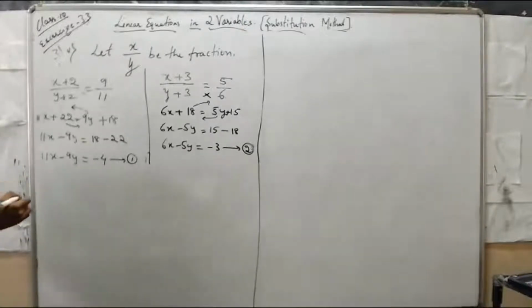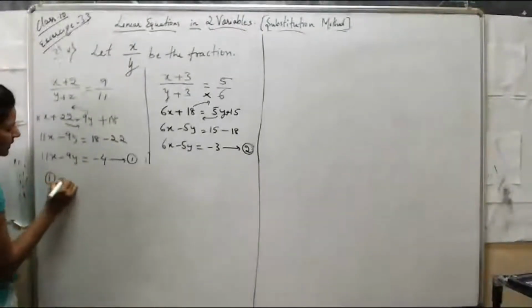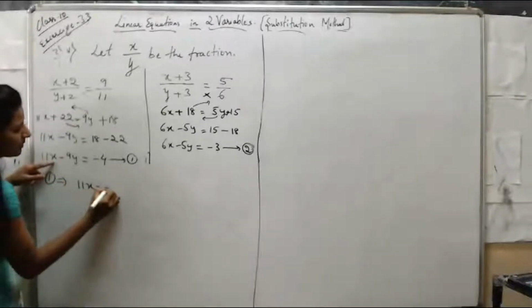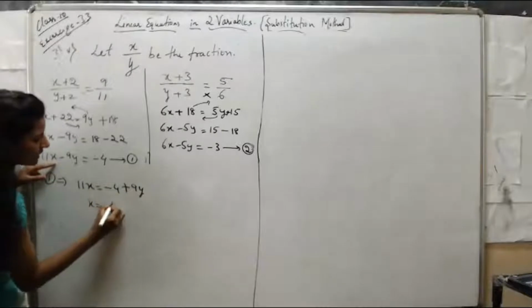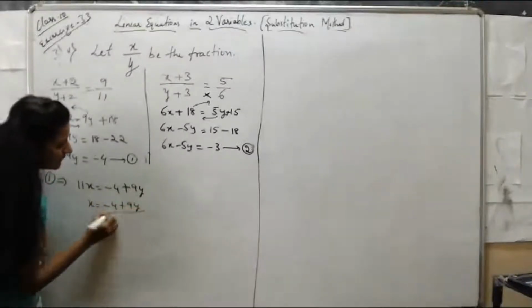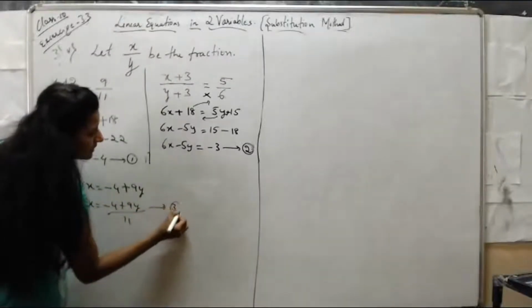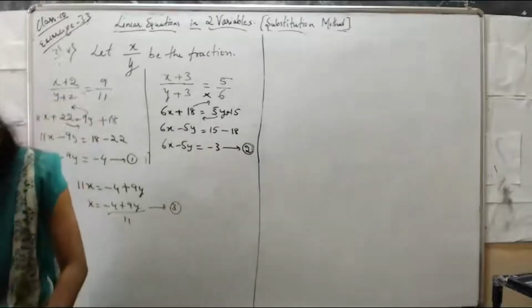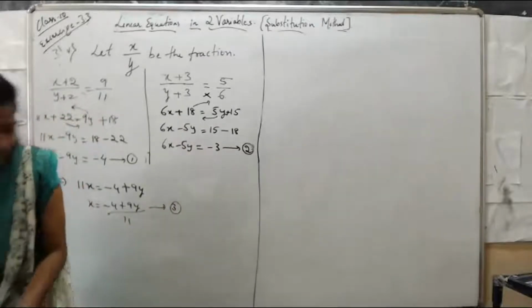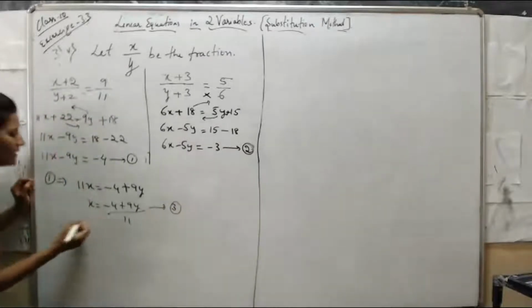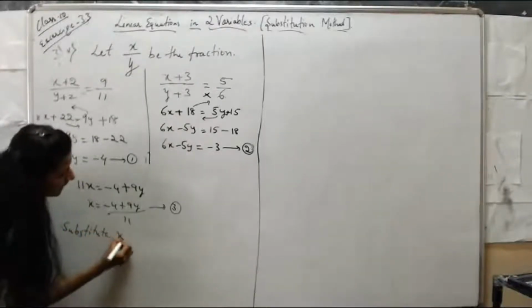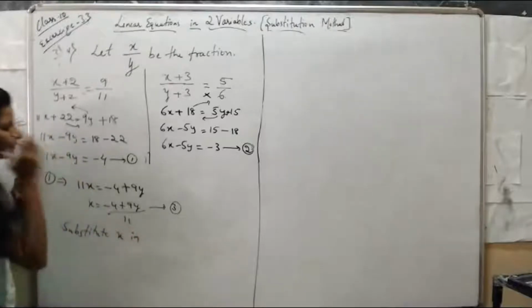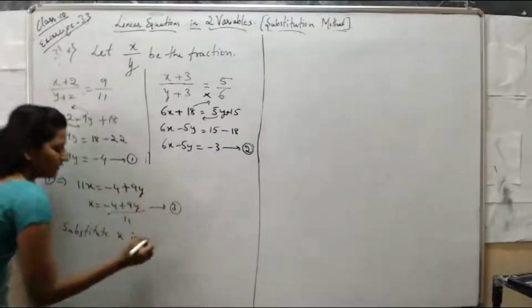Equation 1 implies 11x is equal to minus 4 plus 9y. x is equal to minus 4 plus 9y by 11. Take this equation as 3. What happens? Substitute x in equation 2.